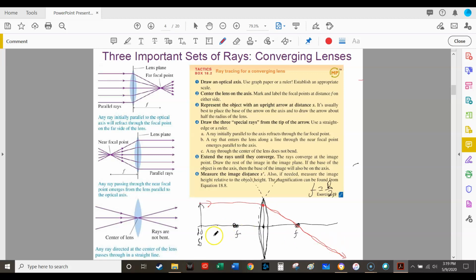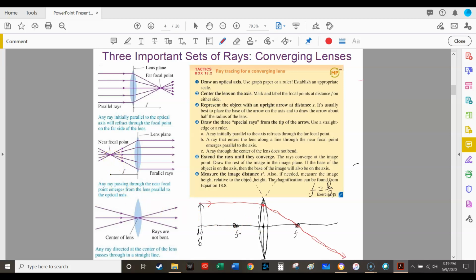Now that you've got that drawn, you're going to draw another light ray from the near focal point to the lens.